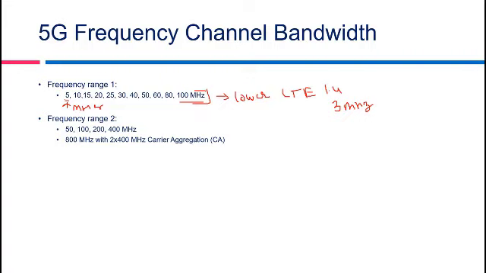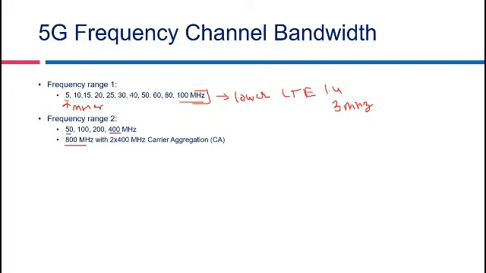For FR2, the minimum channel bandwidth is 50 MHz and it can go up to 400 MHz. There is some availability of larger bandwidth in FR2, for example 800 MHz. If an operator is allocated 800 MHz bandwidth, it cannot use 800 MHz as a single channel bandwidth.